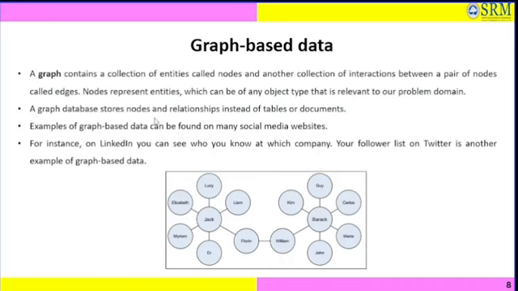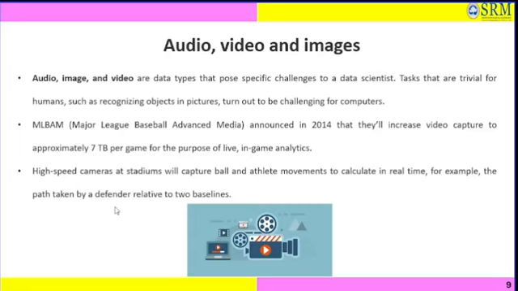A graph database stores nodes and relationships instead of tables or documents. Examples for graph-based data can be found on many social media websites. For instance, on LinkedIn, you can see who you know at which company. Your follower list on Twitter is another example of graph-based data.